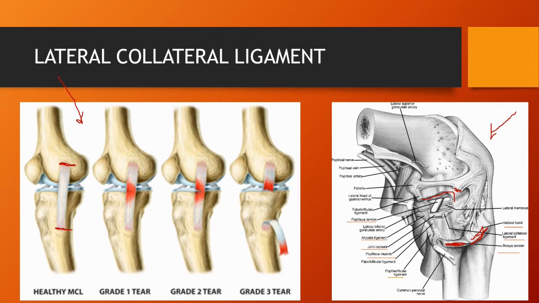Now, deep to the iliotibial tract and also the biceps femoris tendon, we have the lateral collateral ligament itself, which is depicted here. And you see how that's invested in the fascial tissue.